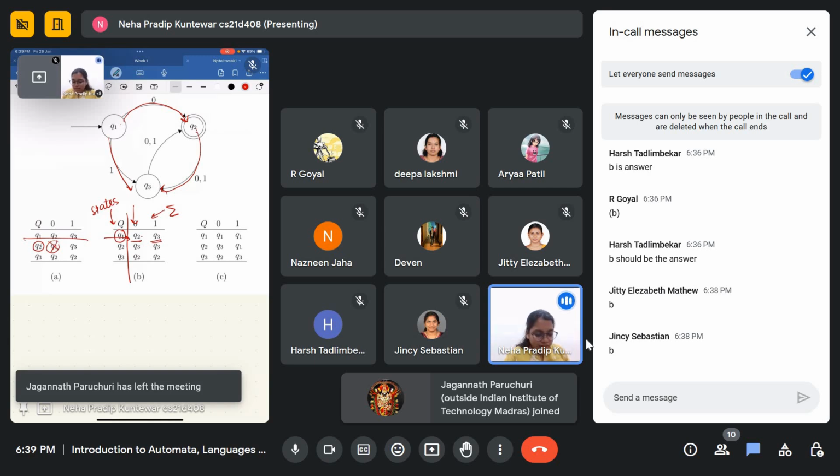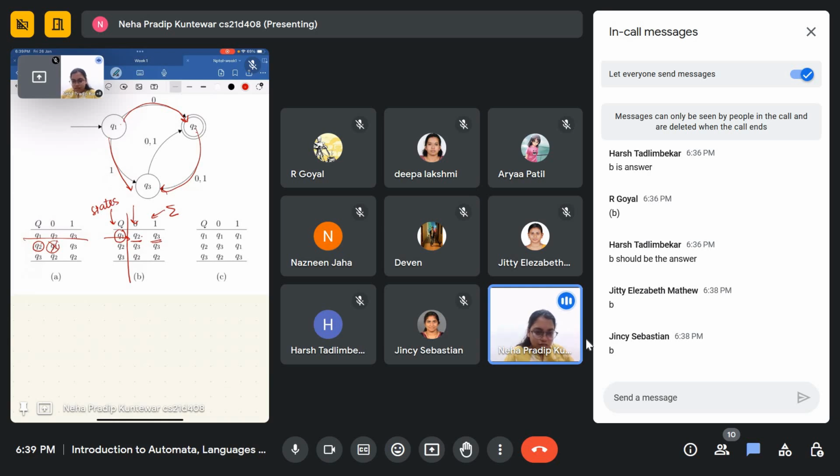If you verify for every state and every alphabet symbol, you can see that B is the one that corresponds to the DFA. Similarly, if you are given a table, you can come up with the DFA as well.